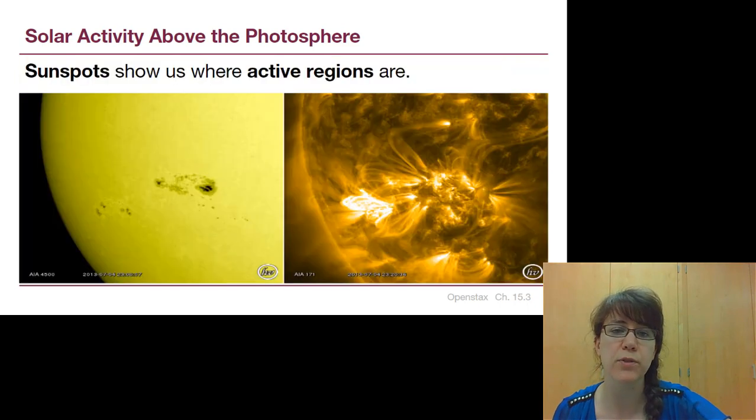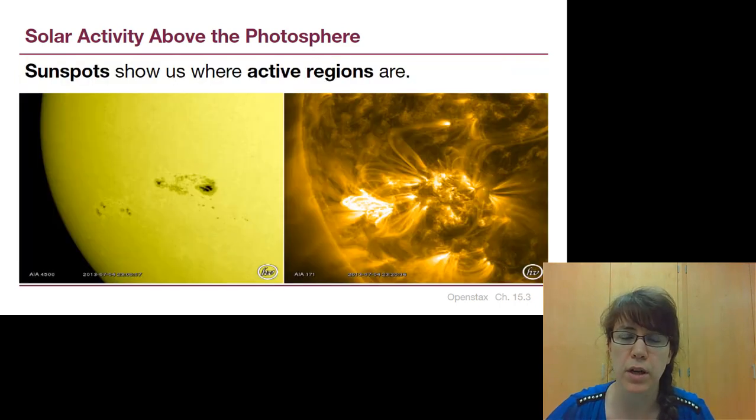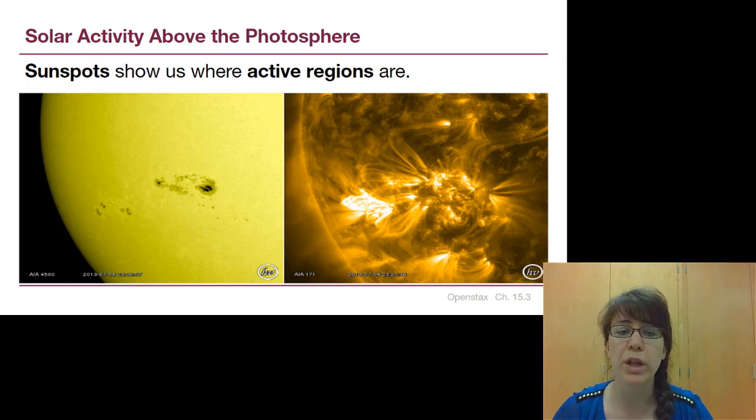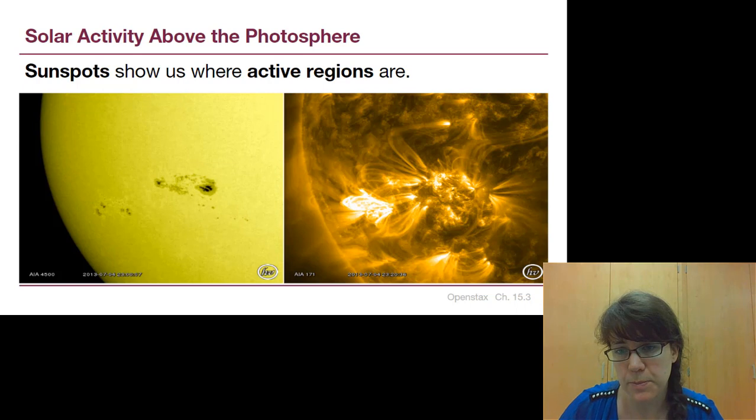And by looking at different layers of the photosphere and then the chromosphere and the corona, what we learn is that sunspots, which we know have strong magnetic field strengths, are the same places where we see active, lit up parts of the corona and big loops of material following magnetic fields.